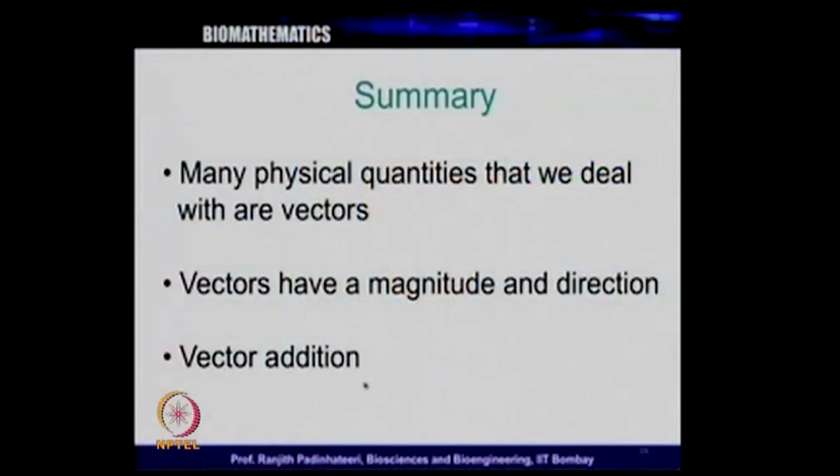And we know how to add vectors. This vector addition we learned a bit about. So there are three things that we learned. Many quantities like force, flow, position are vectors, and vectors have a magnitude and direction. And how do we add two vectors? We briefly saw, we will see them in greater detail in the coming class. So this is the summary of what we learned today.